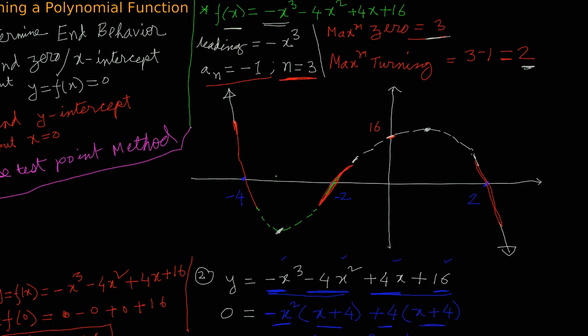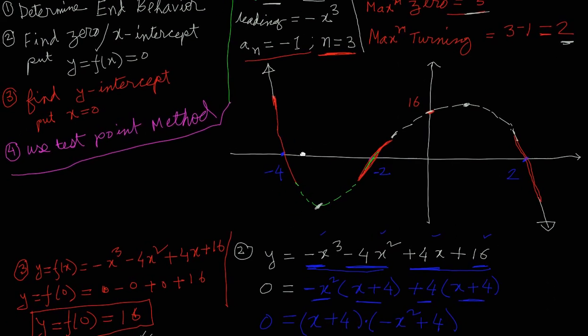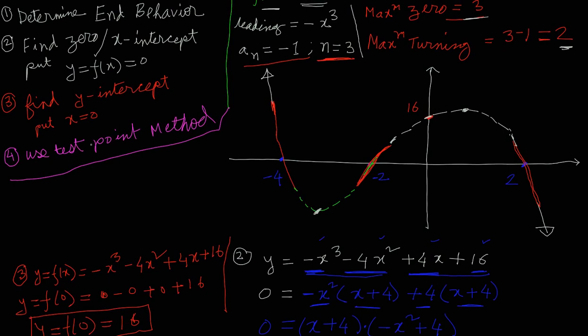Now we are going to use the test point method. Let me take another color. For the test point method, first of all, my number line is divided by these x-intercepts into how many zones? 4 zones. So what are the zones?